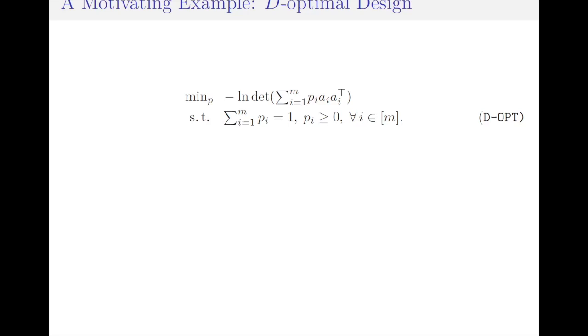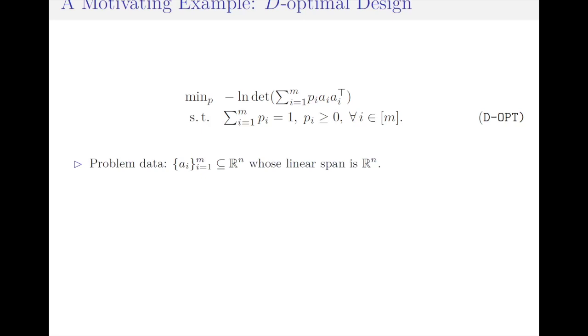This is one version to design a good experiment by the D criterion. Actually, here it is really a convex relaxation, or continuous relaxation, of the D-optimal design problem, because the original problem is posed in the discrete setting, where all these variables are really binary.